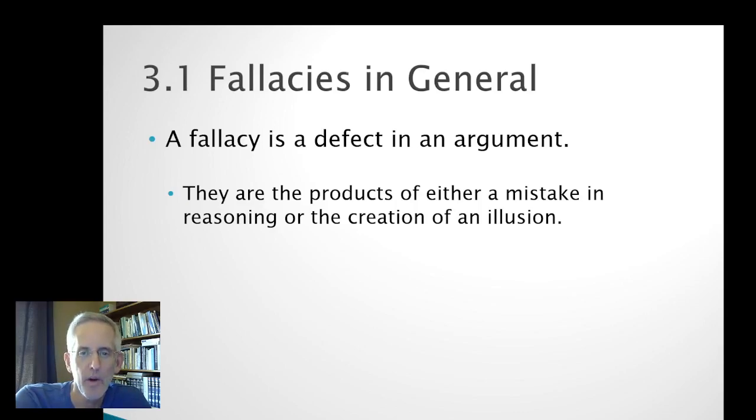They're usually either the products of a mistake, so someone's made a logical error, mistaken reasoning, or they're doing it intentionally and creating an illusion to get you to accept some conclusion. So fallacies could be accidental, or they could be intentional, and I'll give examples of the kind of context where they might be accidental or intentional as we go along.